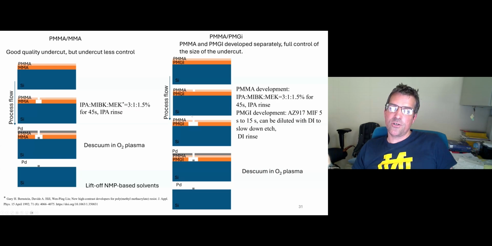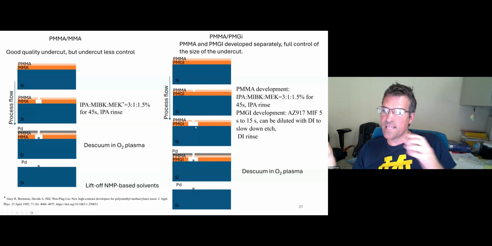If it etches your PMGI layer too fast with the pure AZ917, you add a little DI water to slow down the etch process. After you develop your sample, before metal deposition, I highly recommend using a descum with oxygen plasma. It's not even a layer that remains on your substrate, maybe just some patches of resist.